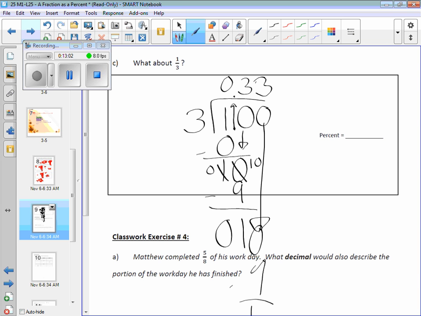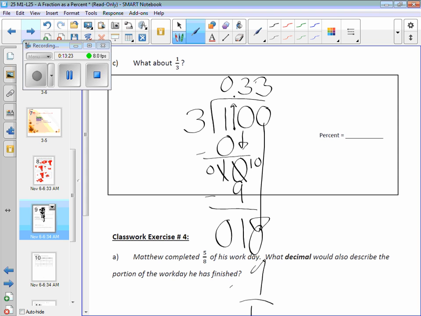So 0.4? Wouldn't it be 0.4? Close. You do want to round it. Sometimes they tell you not to round it. They'll tell you just to keep it as 33.3 repeating percent. But if you had to round to the nearest whole percent, hey, what's it closer to? Oh, 0.4.